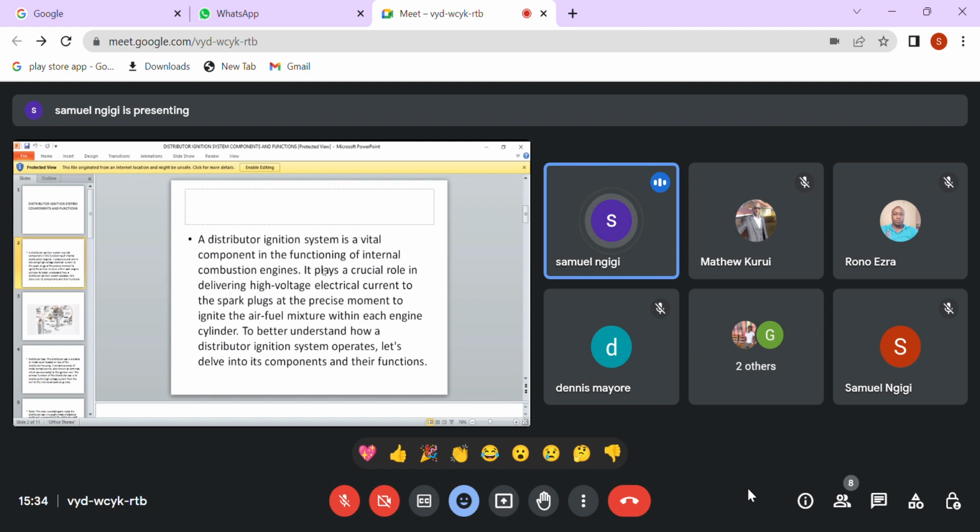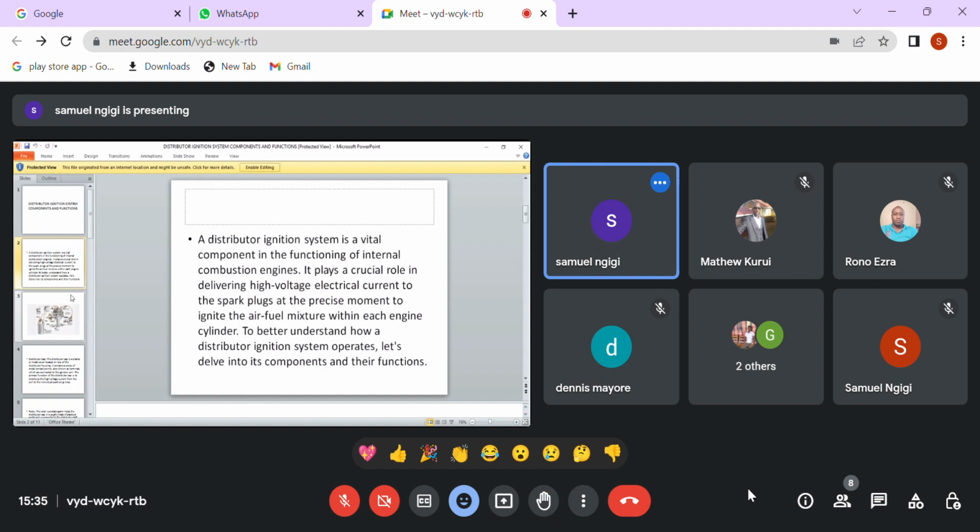It plays a crucial role in delivering high voltage electrical current to the spark plugs at the precise moment to ignite the air-fuel mixture within each cylinder. To better understand how a distributor ignition system operates, let's delve into the components and their functions.